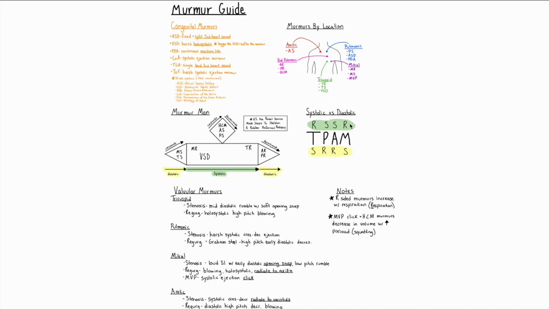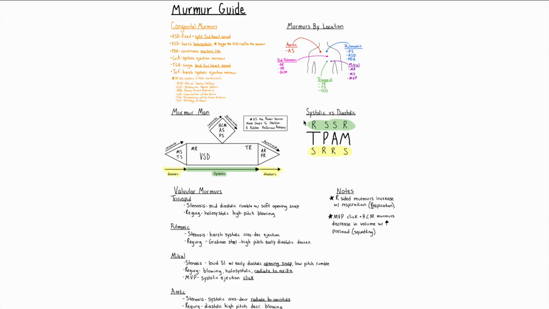And these stand for either stenosis or regurg. So as the colors correlate here, these are your systolic murmurs and these are your diastolic murmurs. So tricuspid regurg, systolic, pulmonary stenosis, systolic, aortic stenosis, systolic, and mitral regurg, systolic.